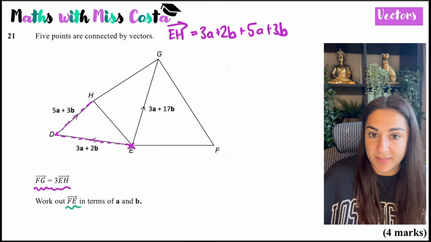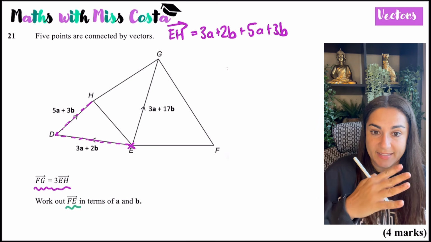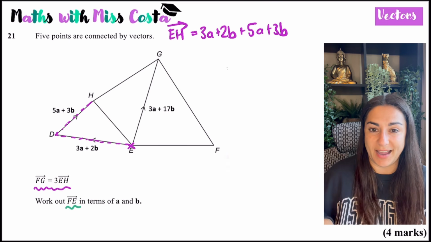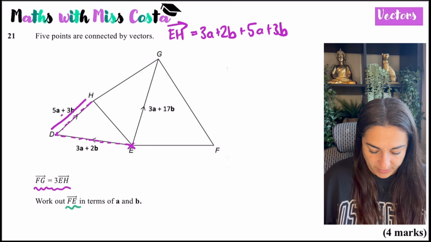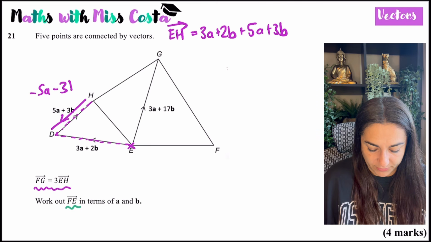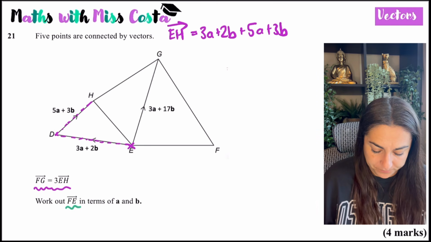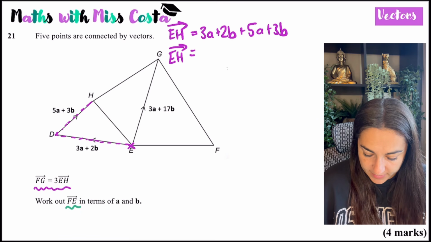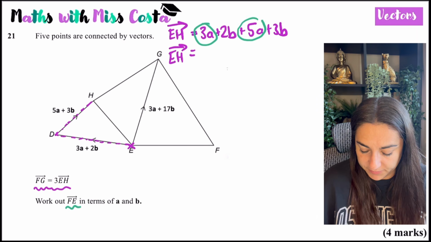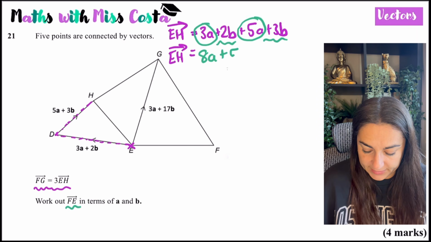Now, as long as we're going in the direction of the arrow, the vectors stay the same. If we reverse the direction of the arrow, then we reverse the signs. So like if we were going this way, it would be minus 5a minus 3b. But we'll come back to that in a bit. So the vector EH is going to be, collect the like terms, 3a plus 5a, which is 8a, plus 2b plus 3b is 5b.